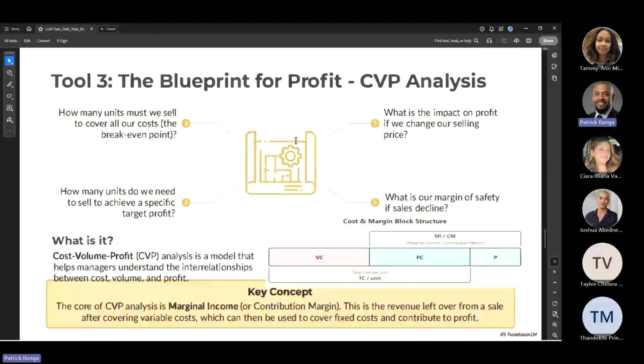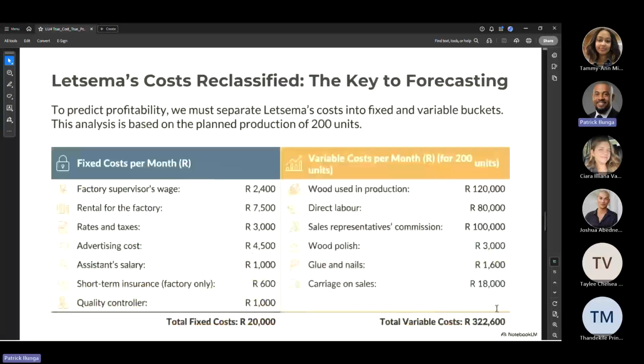Do you see it? Total variable cost, total fixed cost. How did we get it? We classified. We looked at all our costs and we divided. These costs are variable costs, these costs are fixed costs. So we had the total fixed cost and the total variable cost. Can you see it? Are you awake? Are your eyes wide awake?